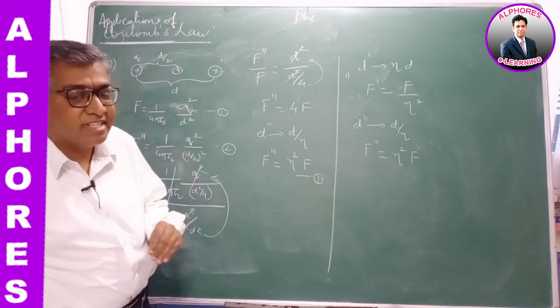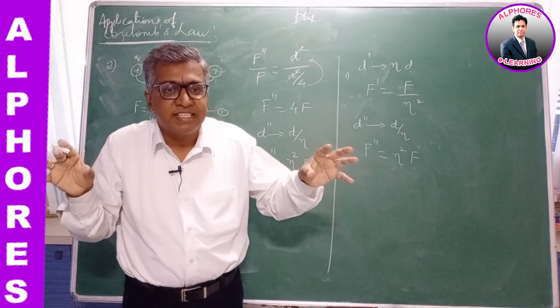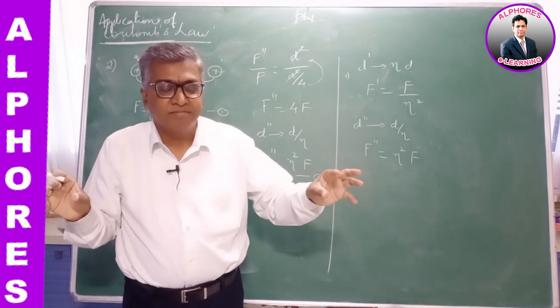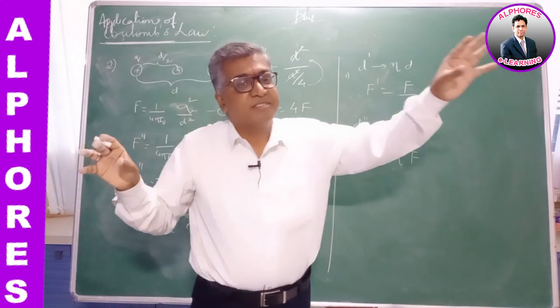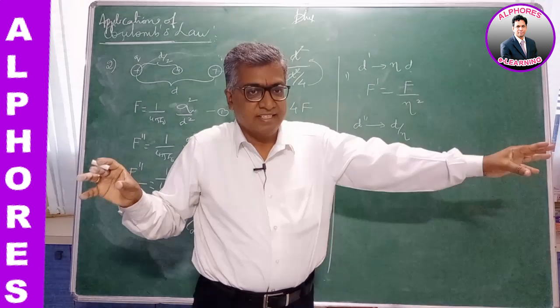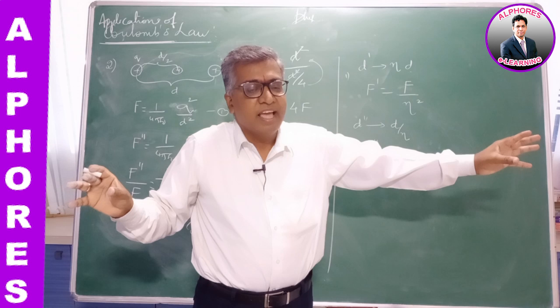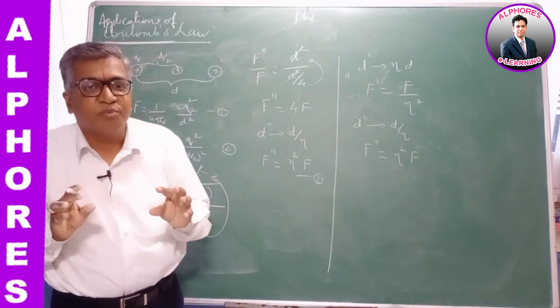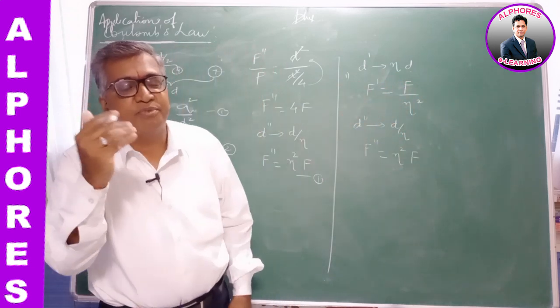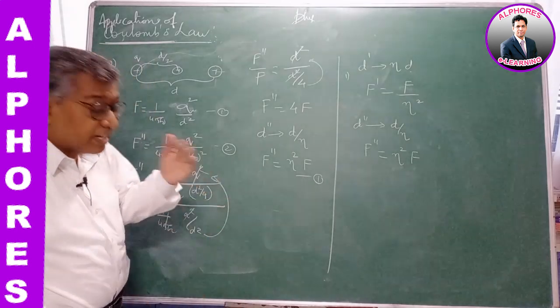Now the question is, there were two charges at a distance d, right? Now the distance between them is doubled, first case. Later the distance is halved. So first the distance is made 2d and later it is made half. Then what would be the ratio of the initial force to final force?